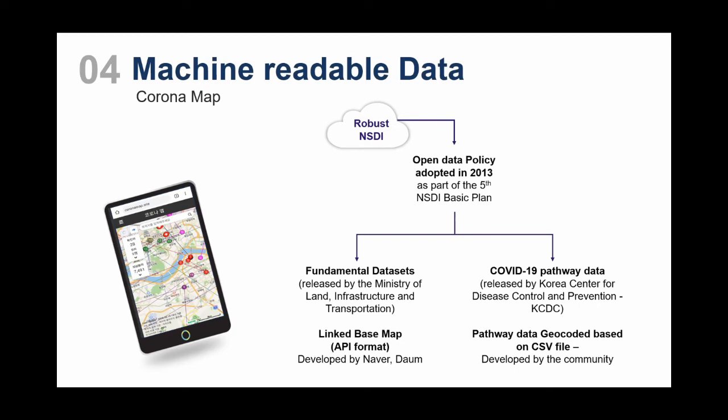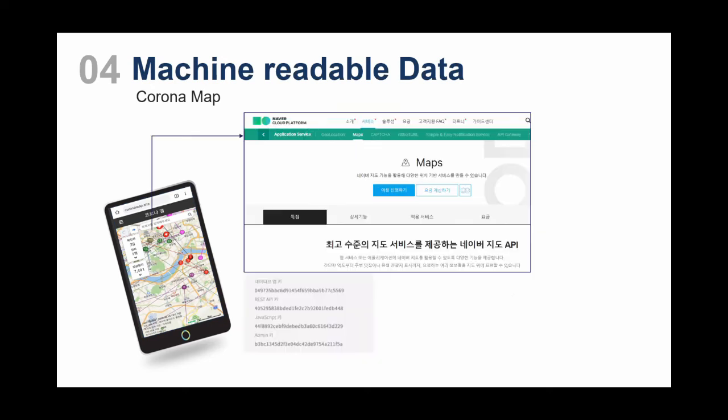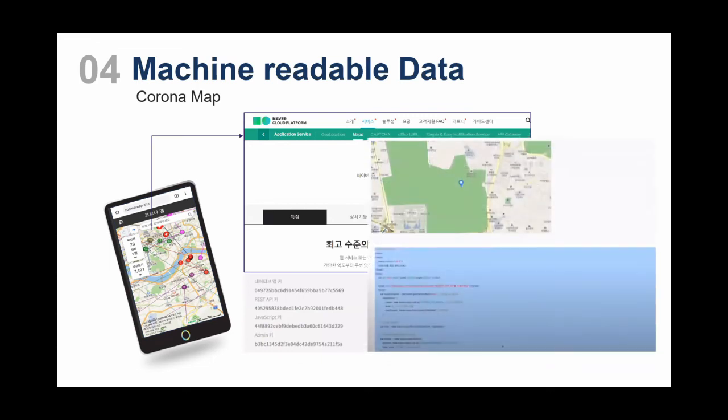And for the COVID-19 data, it's released from KCDC, but then the community used this list of different locations to geocode it from CSV file to get X and Y coordinates, and then integrate it with the linked API base map. So this is just a brief example of how people can get access to API maps.